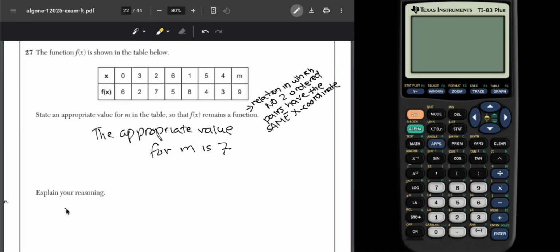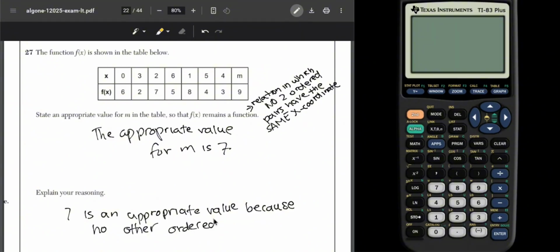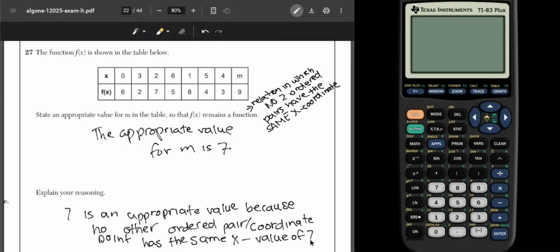Why? 7 is an appropriate value because no other ordered pair or coordinate point has the same x value of 7.